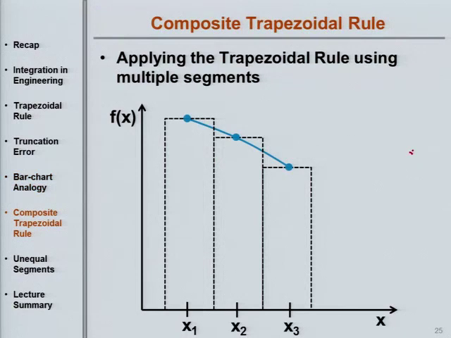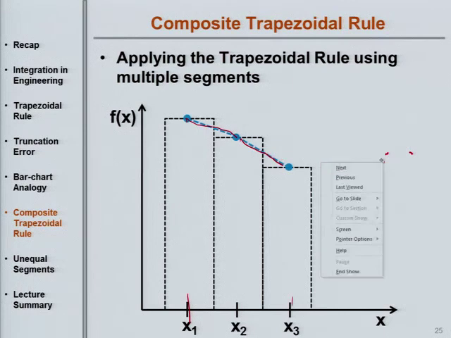So that was a really simple one where we just looked at rectangles, we didn't look at trapezoids at all. We can also apply the trapezoidal rule using multiple segments. So what we're doing now is we're going to integrate from x1 to x3. We're going to fit straight lines to these bits here. The bit that we cut, we don't get in the integral.